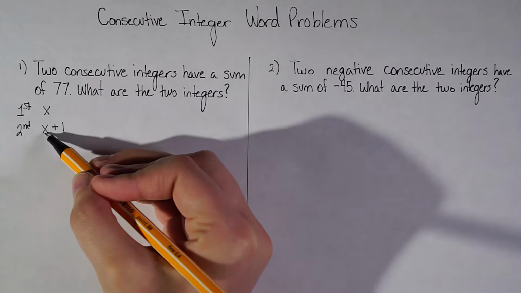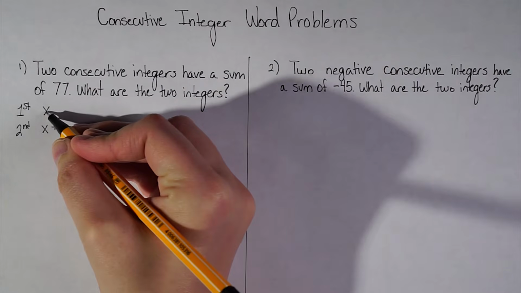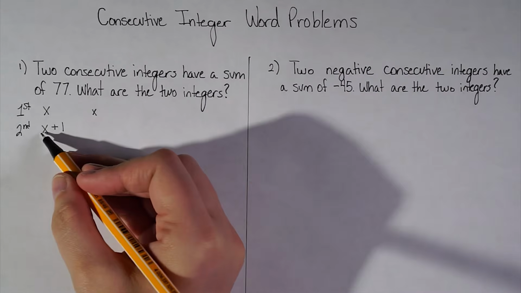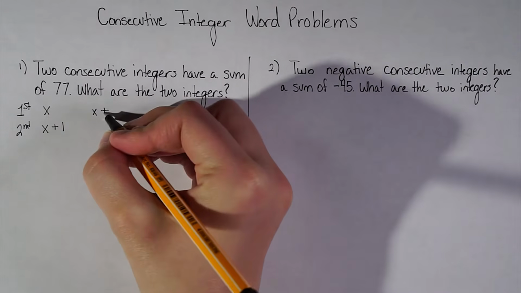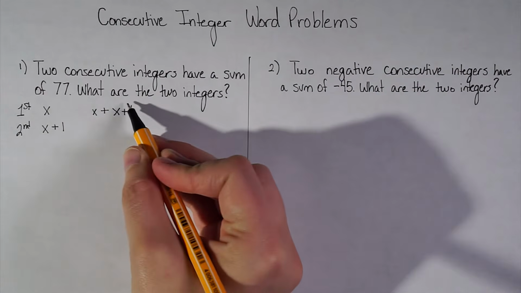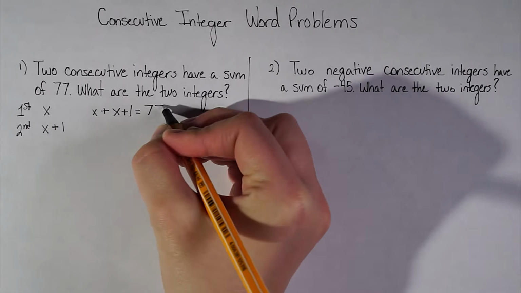So I know that these 2 added together give me a sum of 77. We can turn that into an equation. That means x plus x plus 1. So notice this is my first integer and my second integer equals 77.